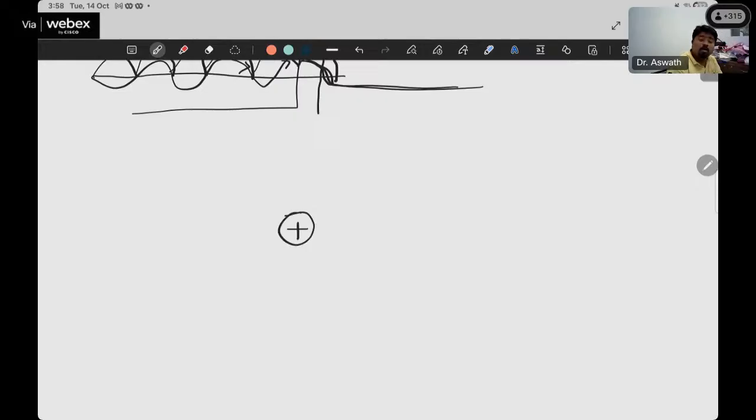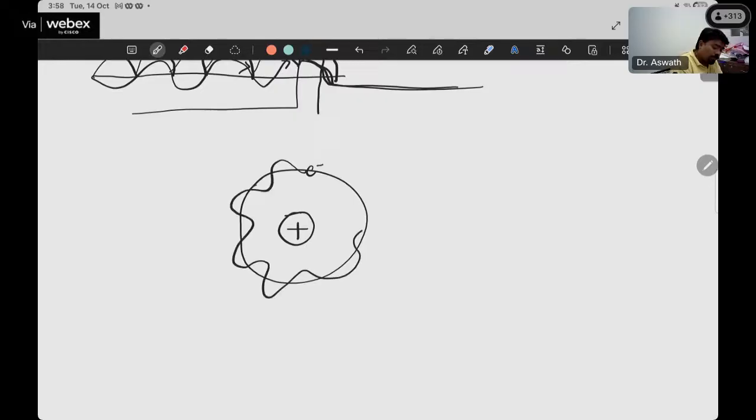I'm just trying to draw in 2D: the hydrogen atom would look like there is a first ground state orbit, and the electron is there. Because the electron is so tiny, its wave nature is shown on the orbit. Now, if I take the absolute square of this wave, you would see the presence of the electron maximum at some location.